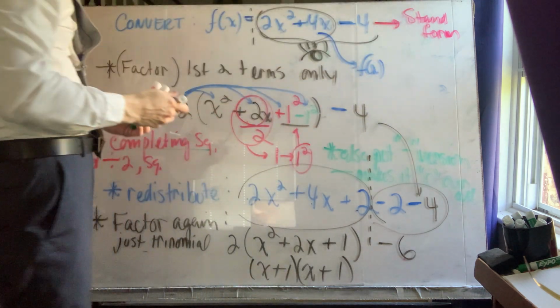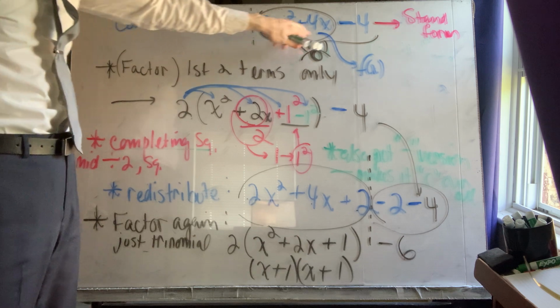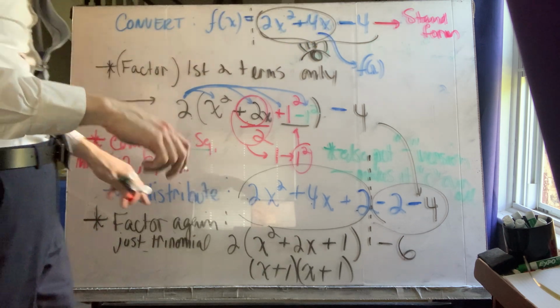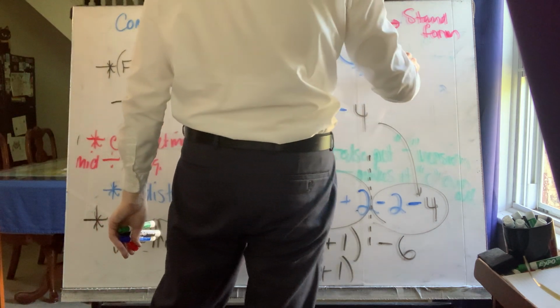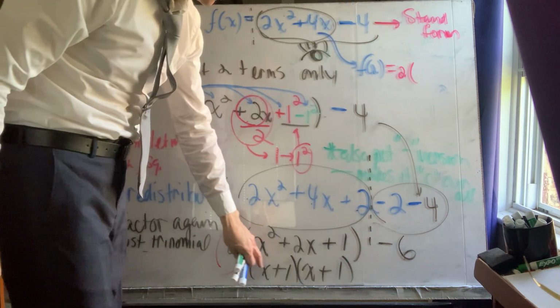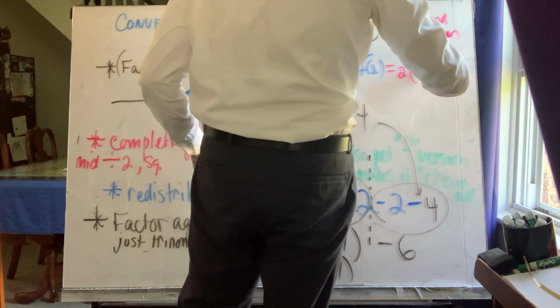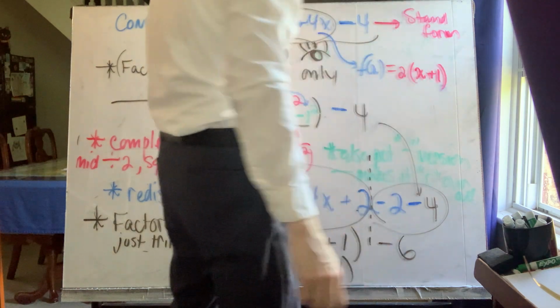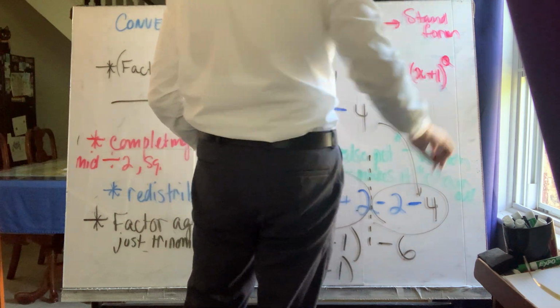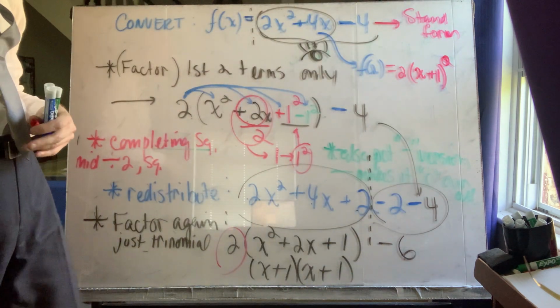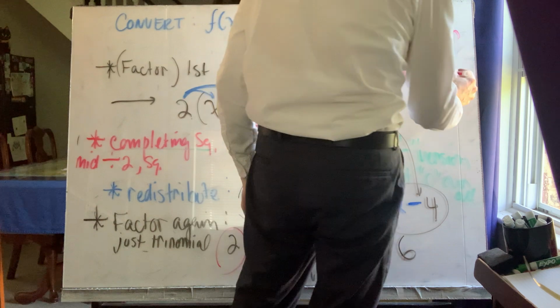The standard form of this original, which is 2, the thing hanging outside here, otherwise known as the a value. This binomial of x plus 1, simply written one time, acknowledging that there are 2 iterations of it, 2 clones, if you will. This would be squared, and then there's this minus 6.